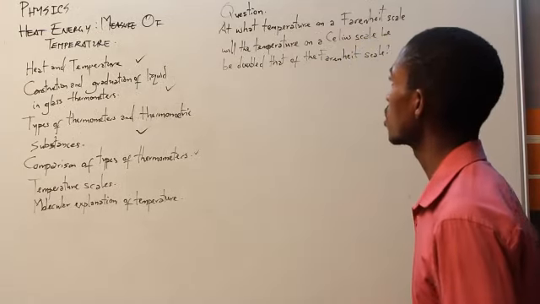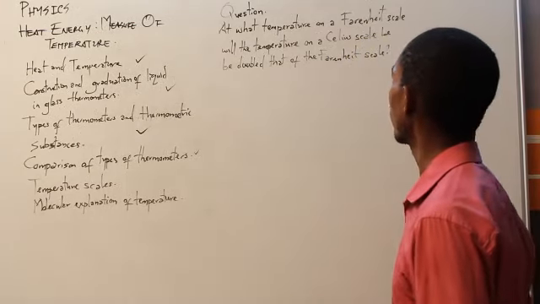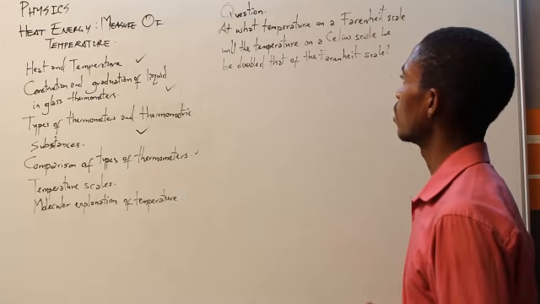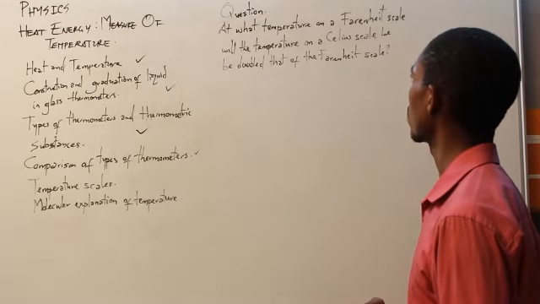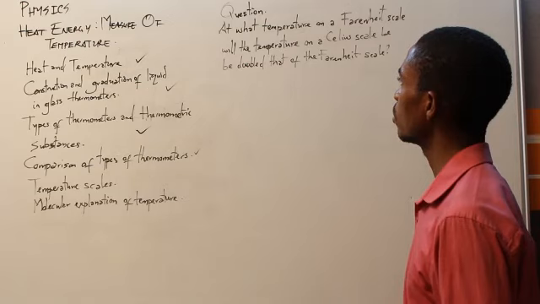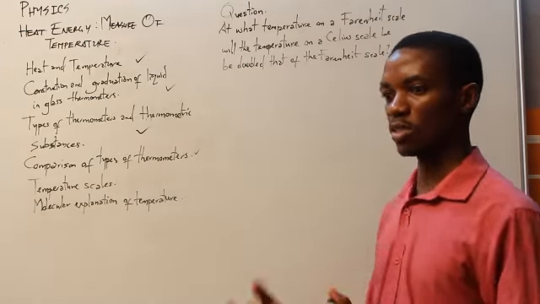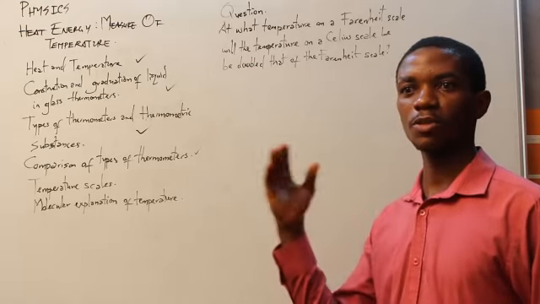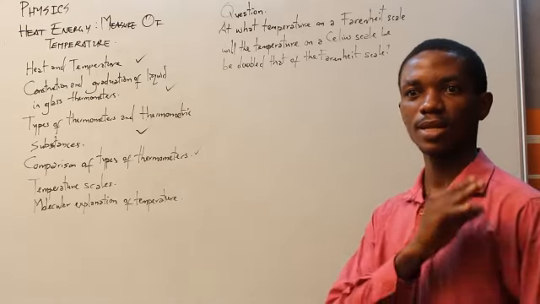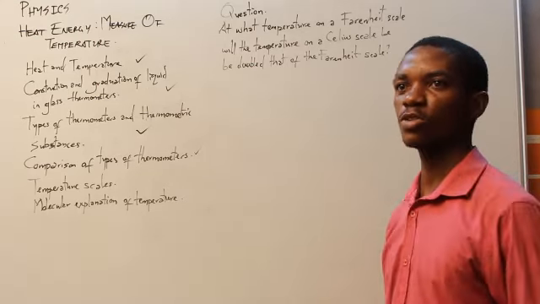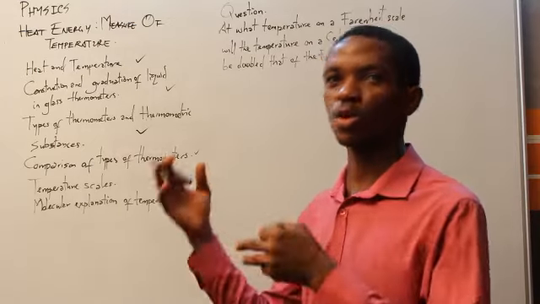Our question here says, at what temperature on the Fahrenheit scale will the temperature on the Celsius scale be double that of the Fahrenheit scale? The first thing to do, of course, is to draw it out.